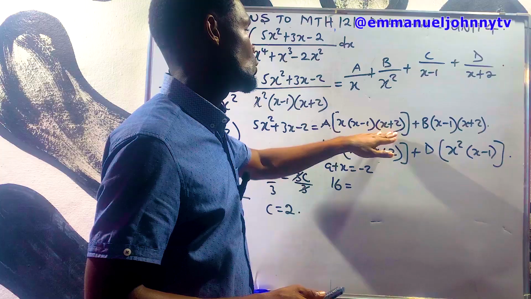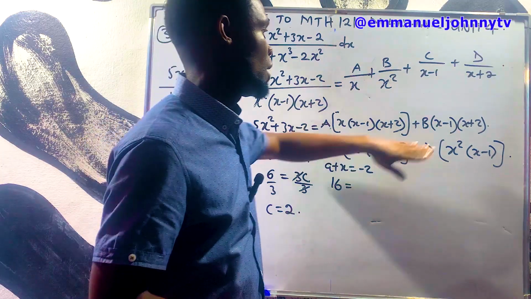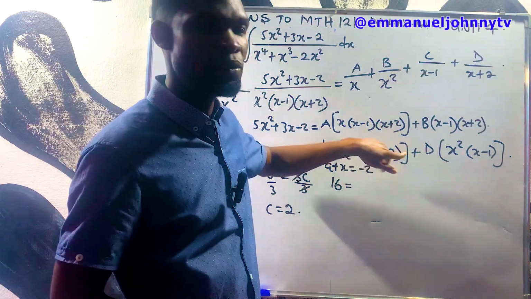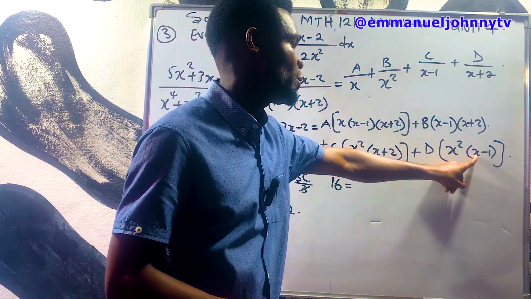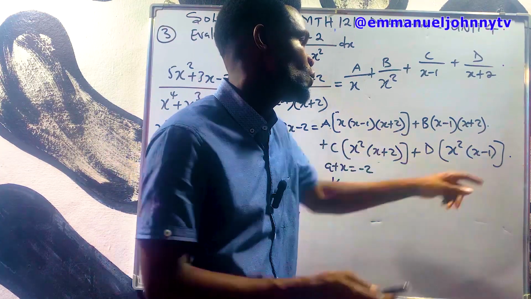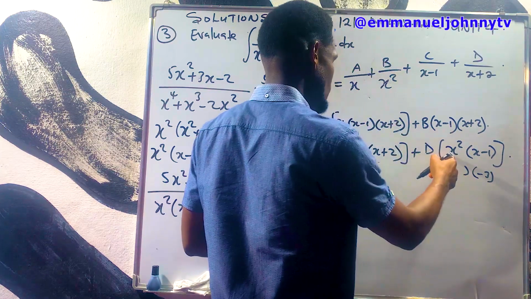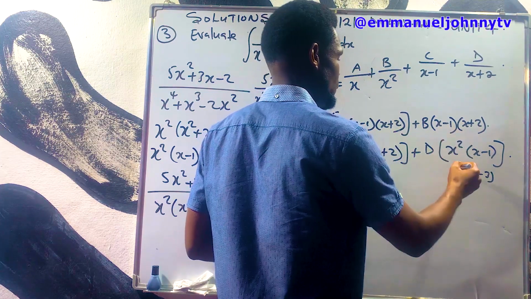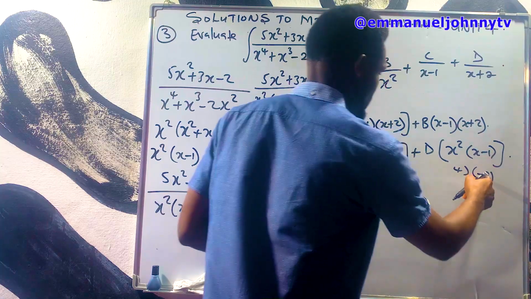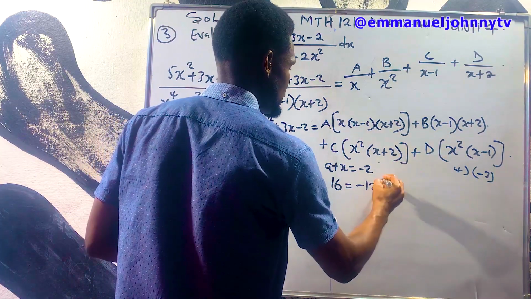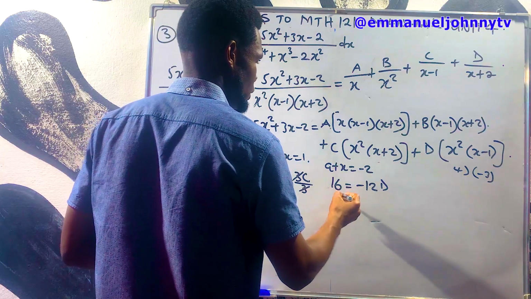if I put minus 2 here, everything here is gone. That is 0. I put minus 2 here, everything is 0. I put minus 2 here, everything will be 0. So if I put minus 2 here, minus 2 minus 1 is minus 3 times minus 2 squared is 4. So 4 times minus 3 is minus 12. So I have minus 12 d.